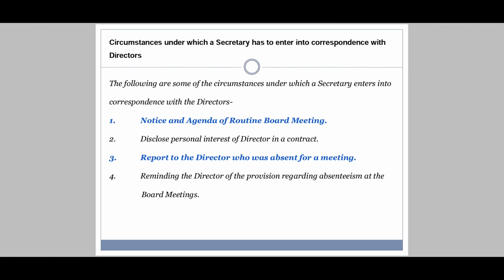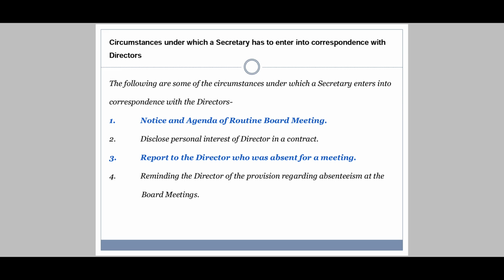Now see, there are 4 circumstances given in the textbook when the secretary communicates or has a correspondence with the directors. The very first one is notice and agenda of a routine board meeting. Notice, as we have already seen, is informing in prior. Agenda is nothing but a list of items to be discussed at the meeting.